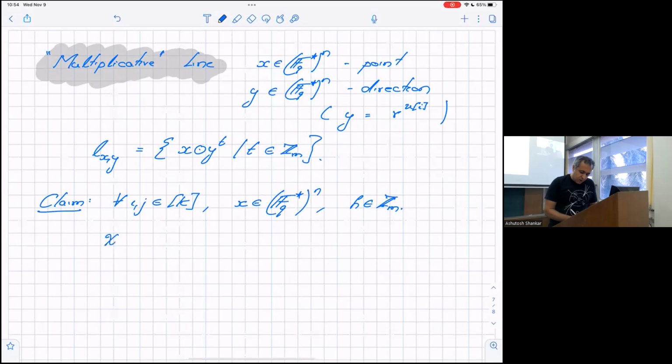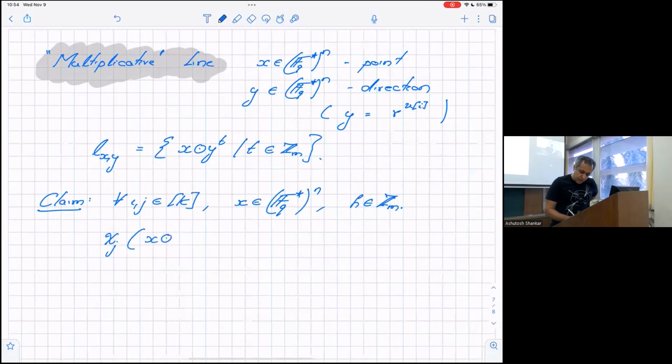Let's look at the evaluation of the jth monomial at the point x dot product with gamma to the h u_i. So it's the point x, the Hadamard product with gamma raised to h u_i.